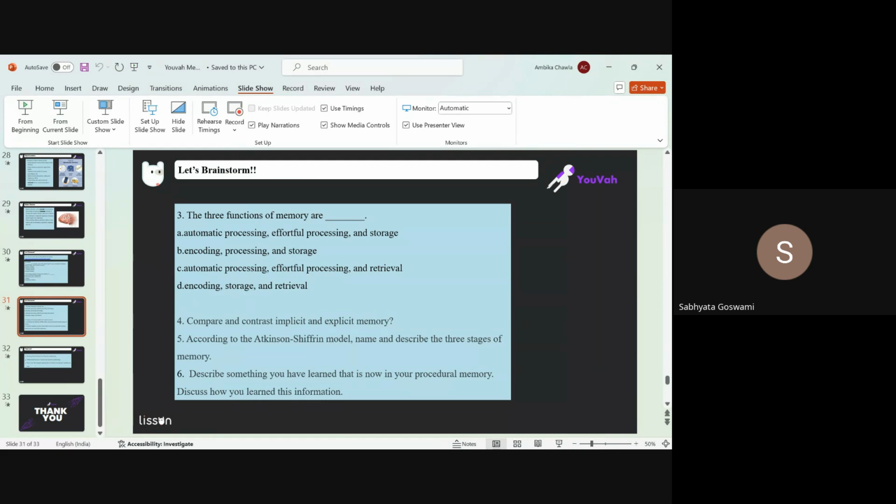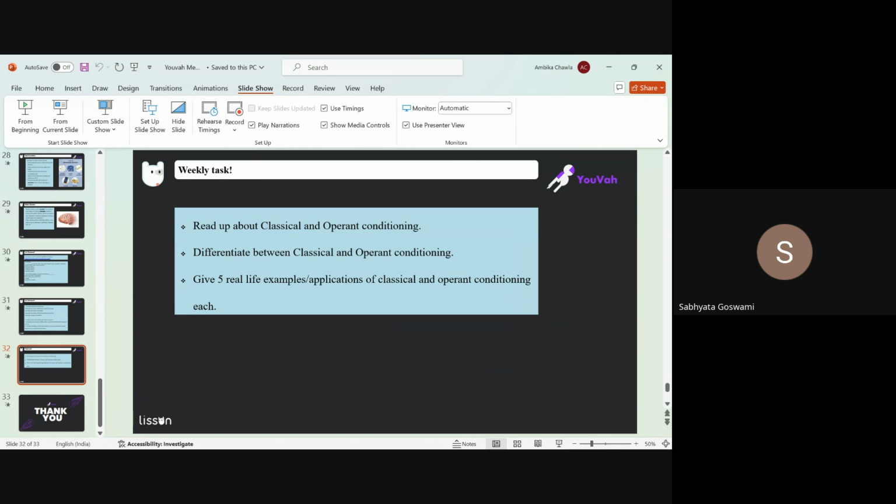So that sums up our topic for today, which was memory. Moving forward, the task that you're supposed to do for the week is that you all have to read up about classical and operant conditioning. You have to differentiate between the two, and you have to give 5 real life examples or applications of classical and operant conditioning each.